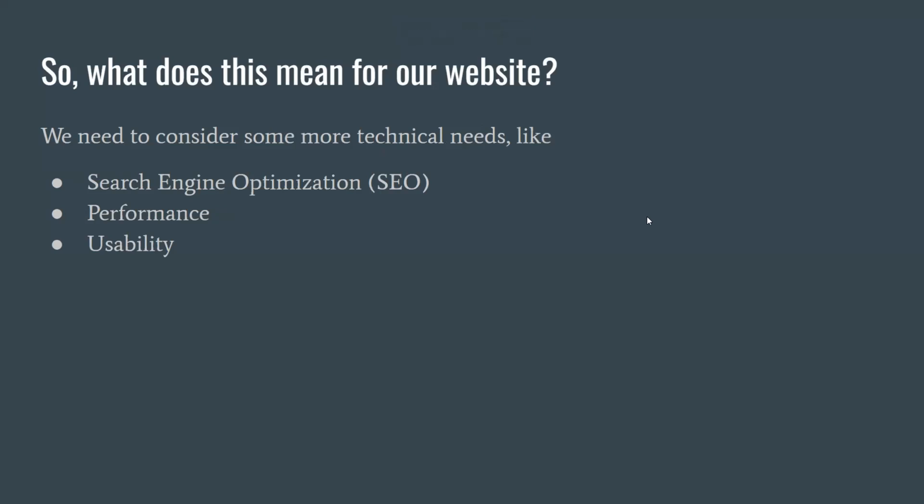So we also have some more technical needs we need to consider. Search engine optimization, for any of you that are not aware of that, is basically how, when you do a Google search and it pulls up thousands of results, it's going to rank certain things above others, right? Maybe it's looking for keywords or relevancy, or maybe people pay to have their websites further up.